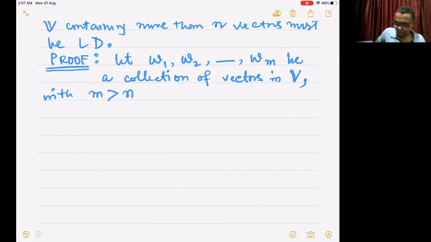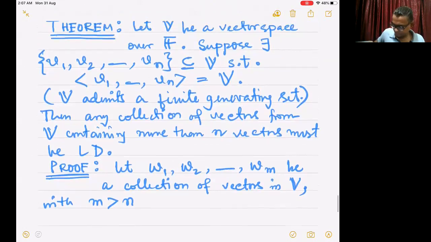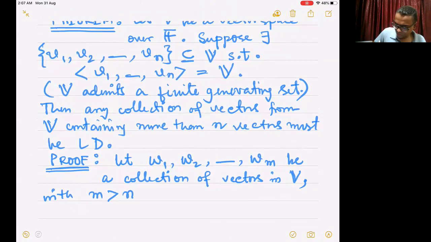Okay. In fact, I think it would be better for us, although it doesn't really matter, it's a very small issue, but I think it would be better for us if we consider this as m.